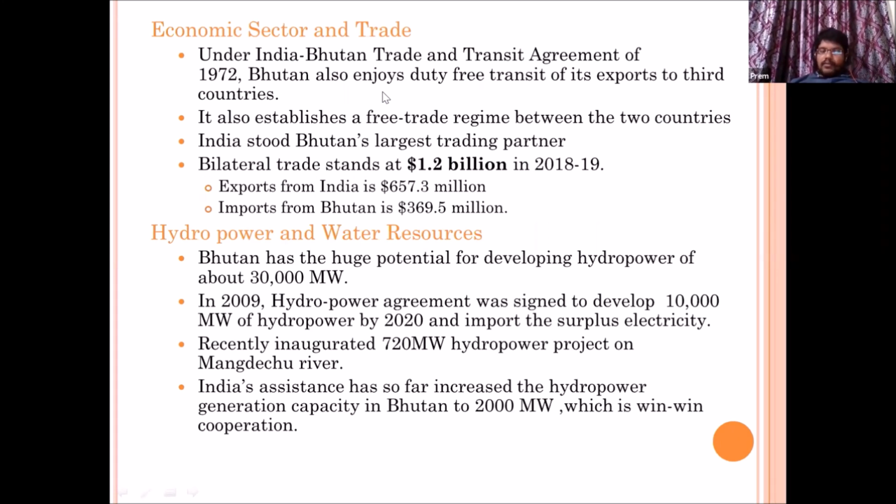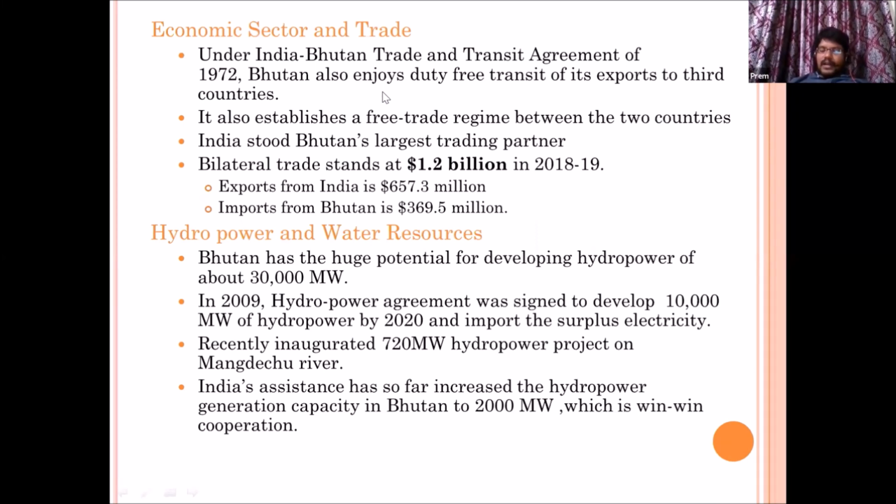Second thing, we almost have a free trade regime. That means any goods and services can cross the borders without having to pay any duties like other countries pay. That is why India is a major trading partner for Bhutan. Of whatever Bhutan trades with all the countries, 90% it trades with India.